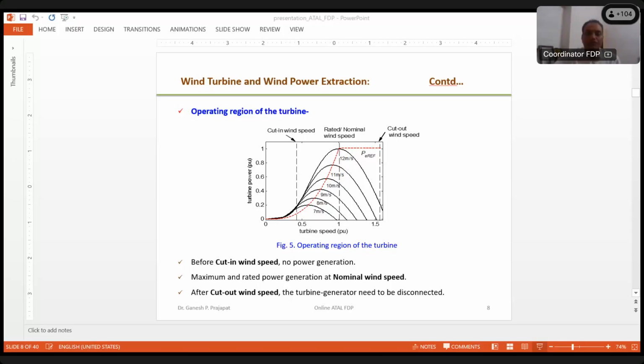This is one of the problems with that. And these kinds of generators can only be placed where the wind speed is almost constant and has some higher value, because we need to run the turbine at a speed higher than the synchronous speed.